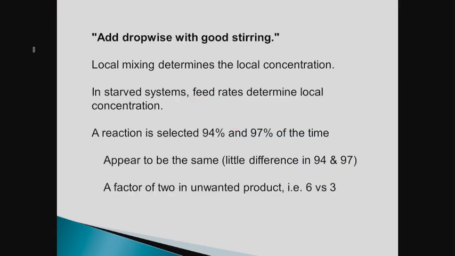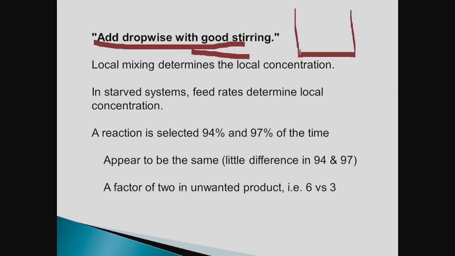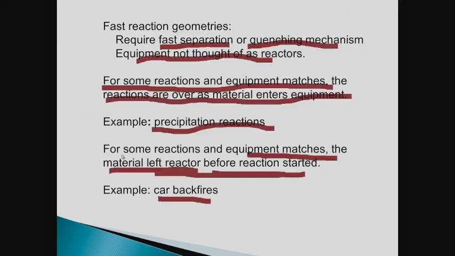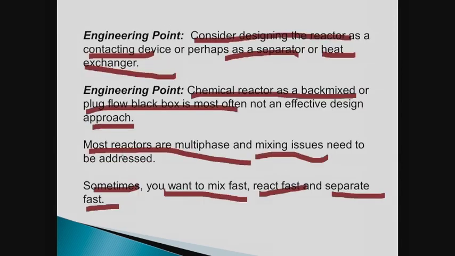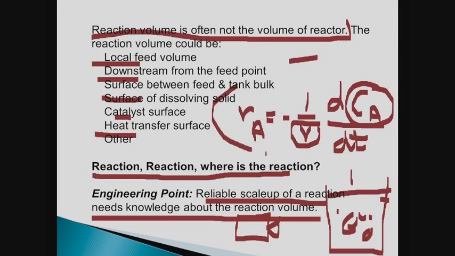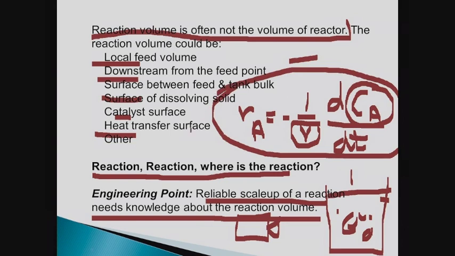"Add dropwise with good stirring" is an indication of mixing effects, right? This is A plus B going to R, and then R plus B going to S. Local mixing determines local concentration. That's another thing back here. See, the problem with this reaction rate is that it varies spatially.